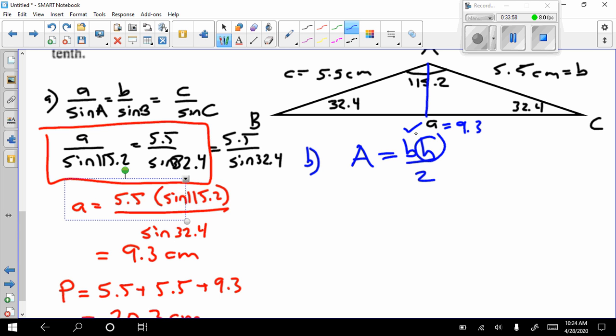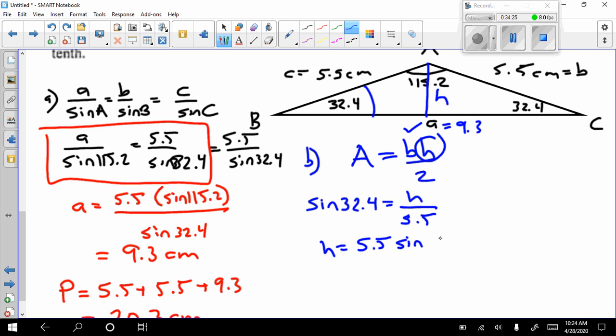And so I look at this and go, well, I can just use SOHCAHTOA because I know this angle. And so I can say that sine of 32.4 is equal to, and I'll call this h, opposite over the hypotenuse, which is 5.5.